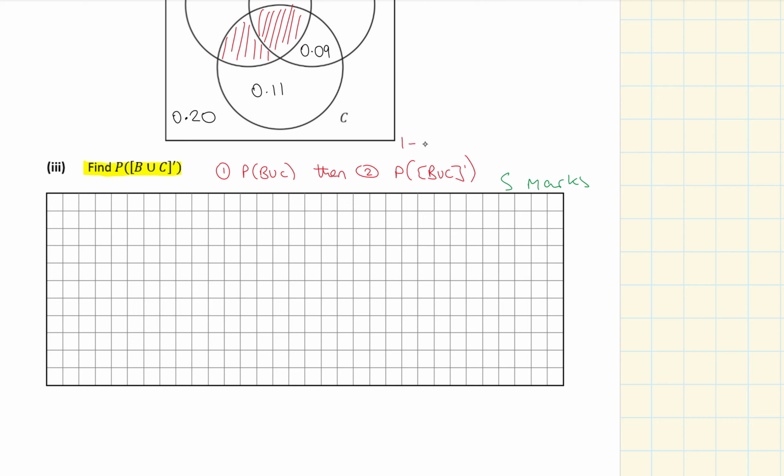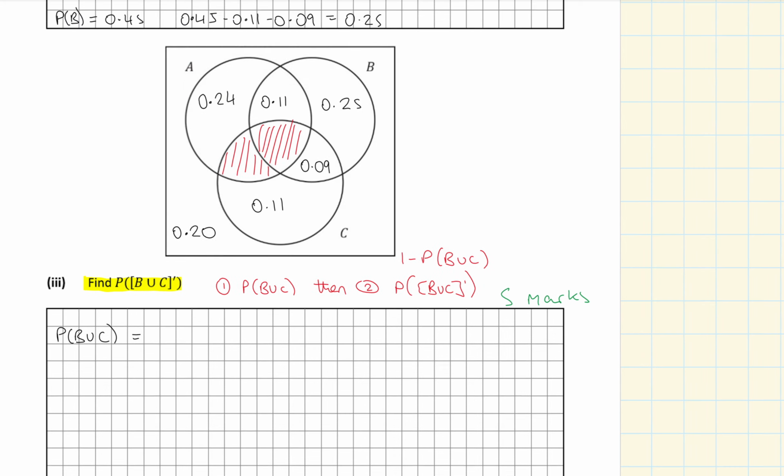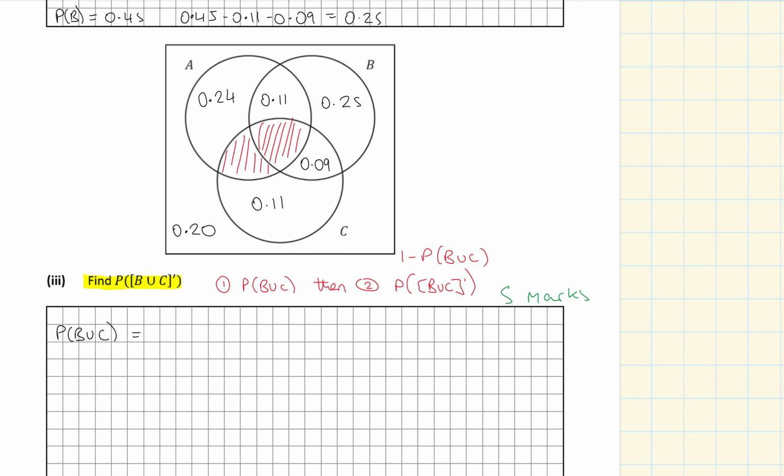That will be 1 minus the probability of B union C. So if we look here for B union C, it's going to be everything in B and everything in C. So we have here, and then also these two areas which are null sets. So you have 0.11 plus 0.25 plus 0.09 plus 0.11.